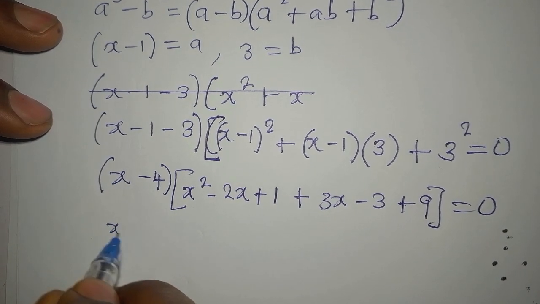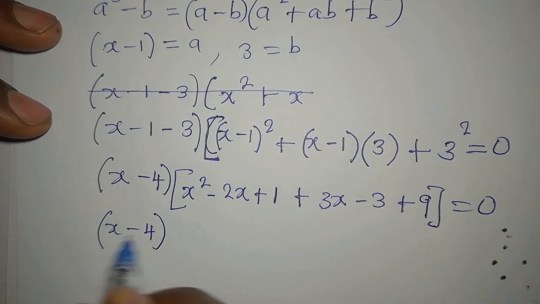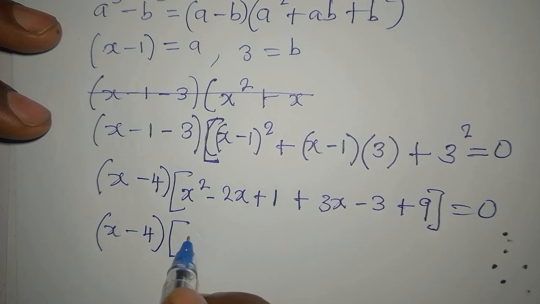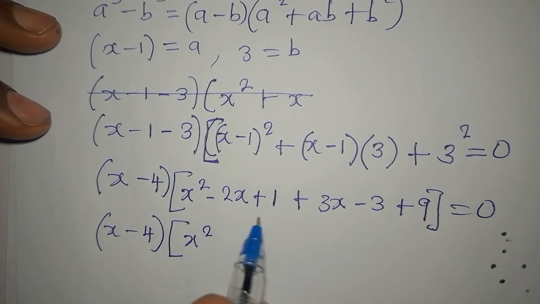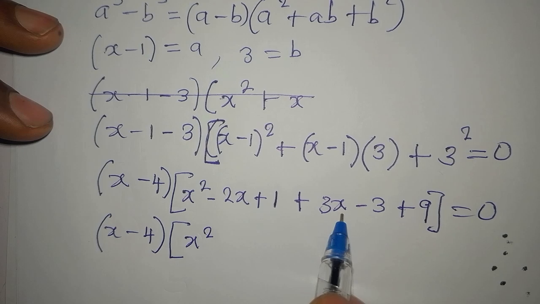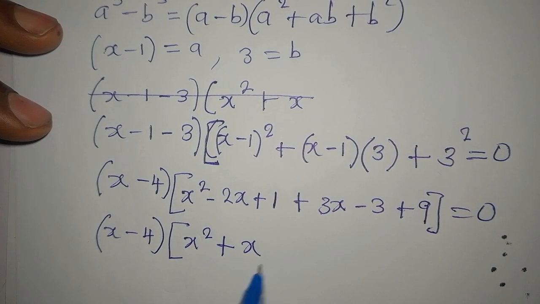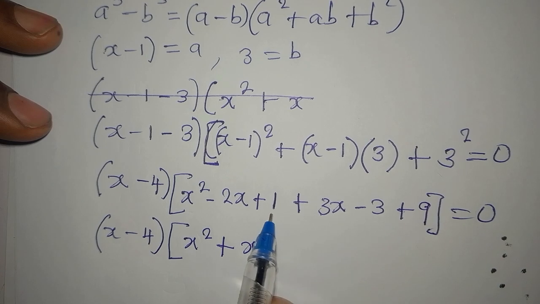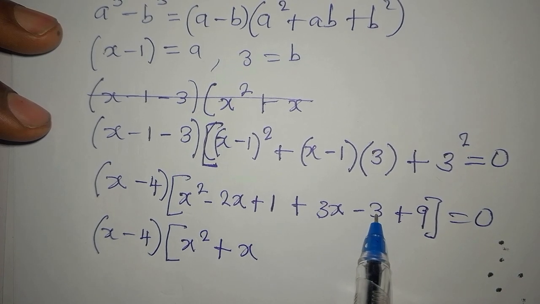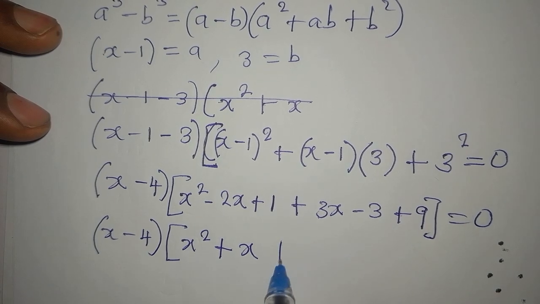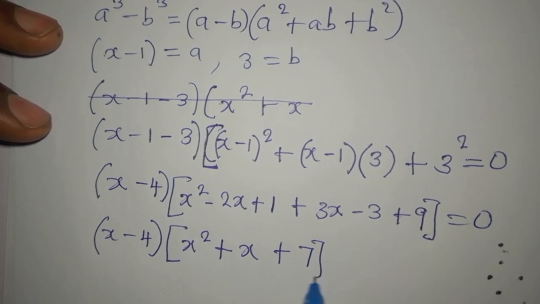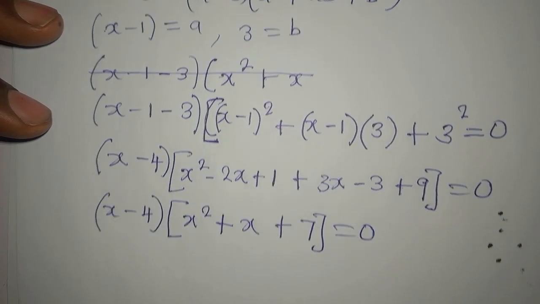Now from here, x − 4 is the first factor. Then the other factor, we have x^2 − 2x + 3x, that will give us plus x, that is plus 1x. Then 1 − 3 will be −2, and −2 + 9 will give us plus 7. So we equate this to 0.